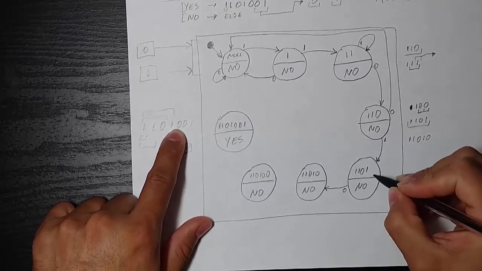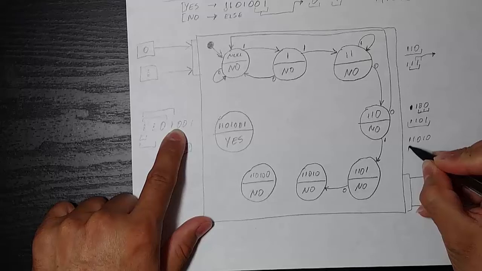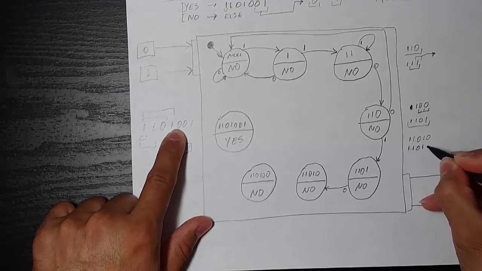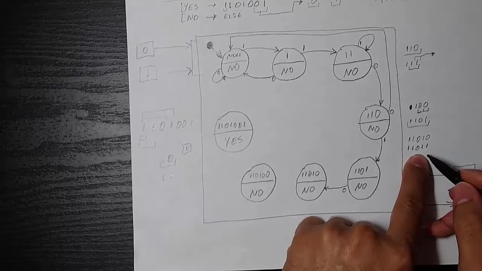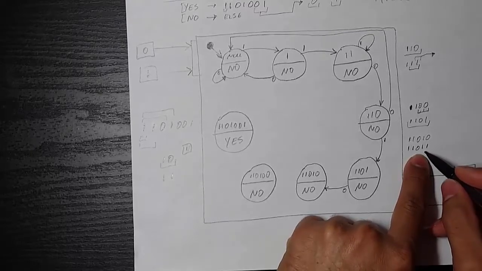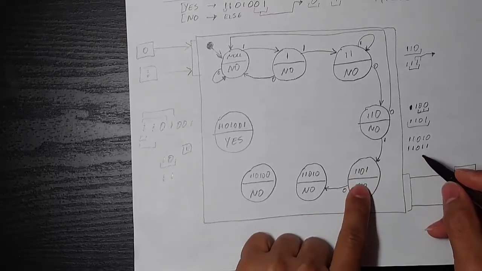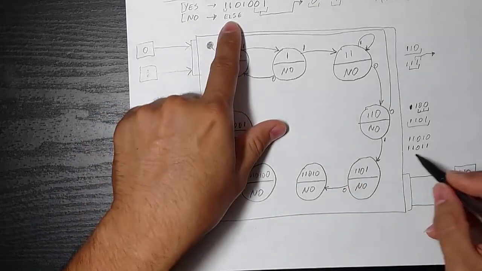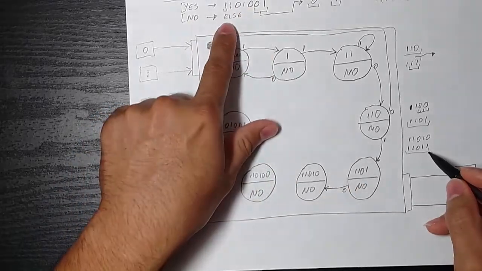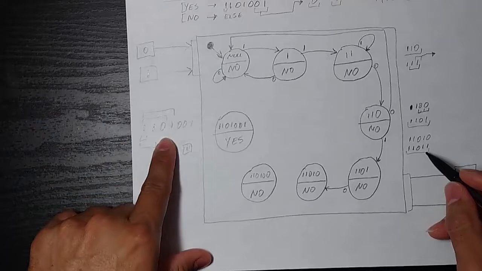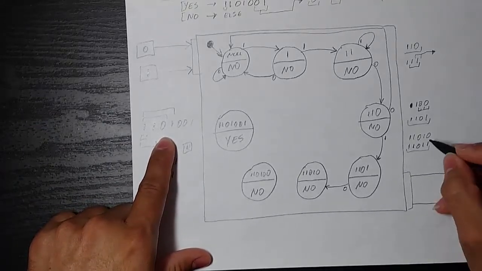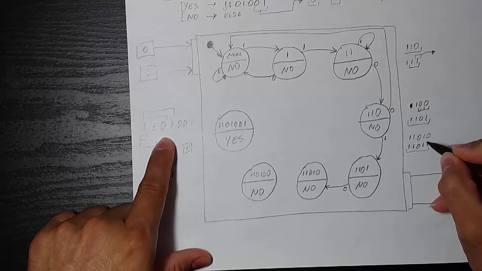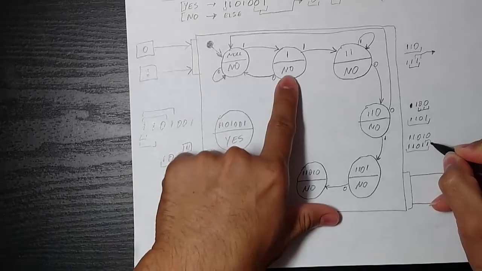What if I'm here and I get a 1? This is how it will look like. I can't go forward because this whole thing is nowhere on my pattern that I'm looking for. Let's see what can we save. We can save 1 and go here.